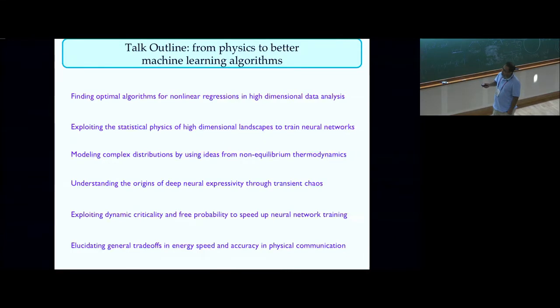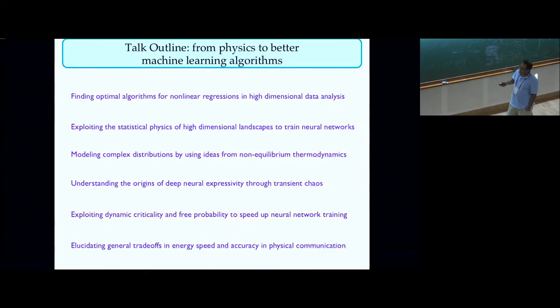Then I'll talk about modeling complex data distributions by using ideas from non-equilibrium thermodynamics. Then I'll show you that deep neural networks have chaos theory actually as a subset of their theory. We'll try to understand what deep functions can express that shallow functions cannot, using the theory of chaos.